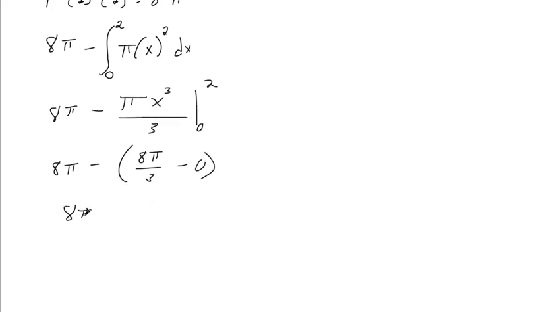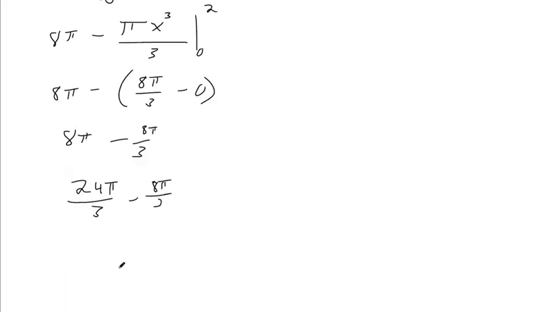So I've got 8 pi subtracted by 8 pi over 3. So getting common denominators, that's 24 pi over 3 minus 8 pi over 3. So 24 minus 8 makes 16 pi over 3.